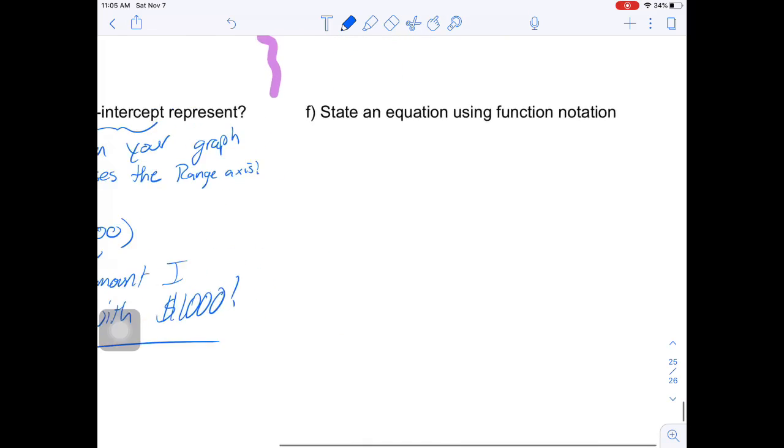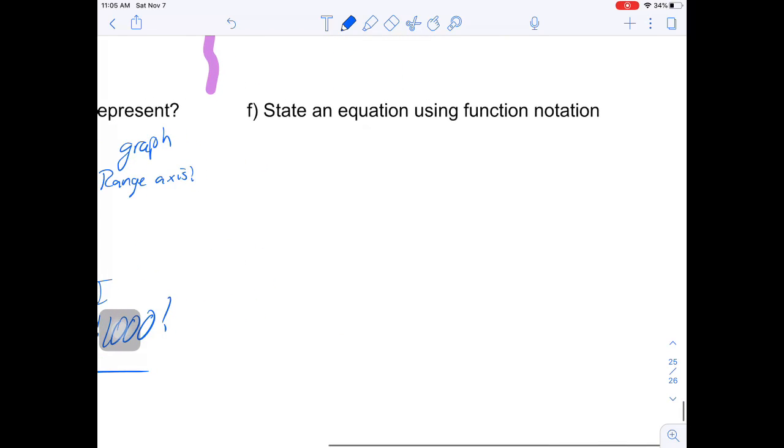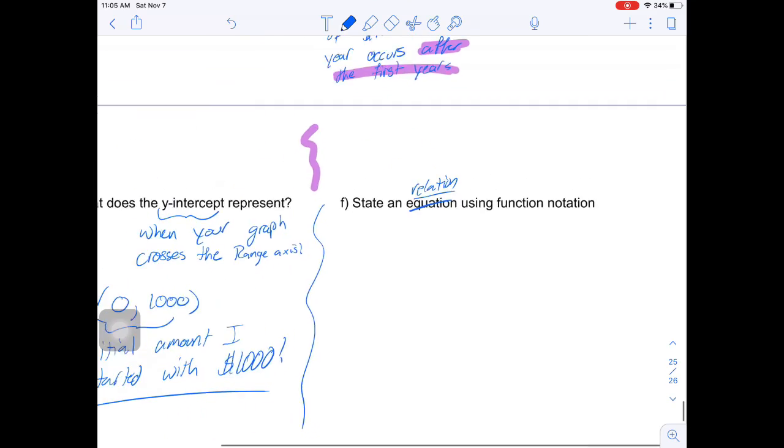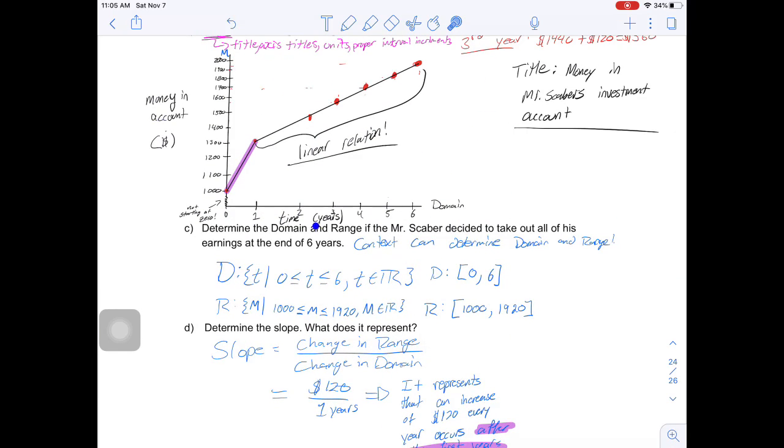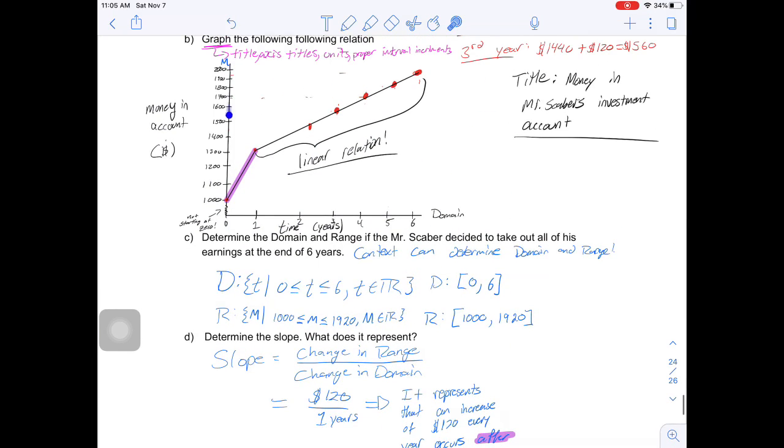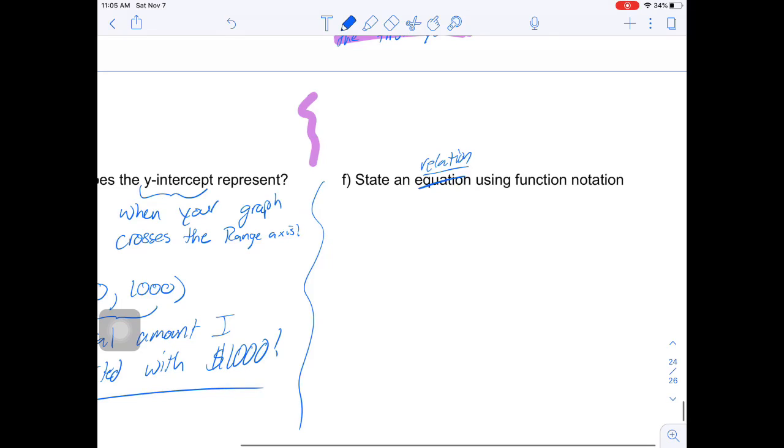So let's move on to F here. Now F, I'm going to make a quick edit. I want to say state the relation using function notation. So the relation here is the relation between money and time. Now remember, you always state your range in terms of your domain. So here, the relation is money has a relation to time.